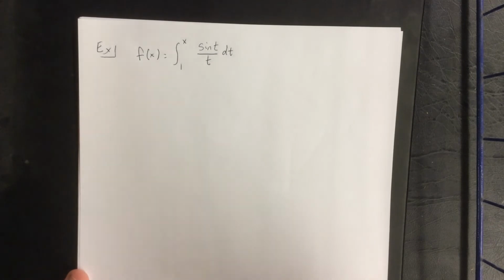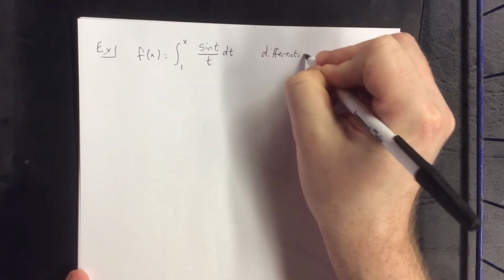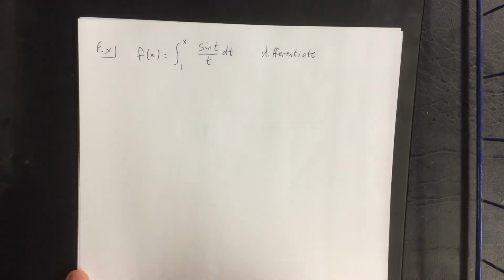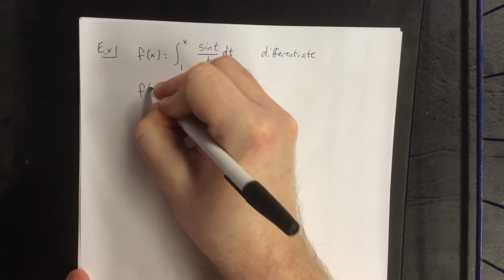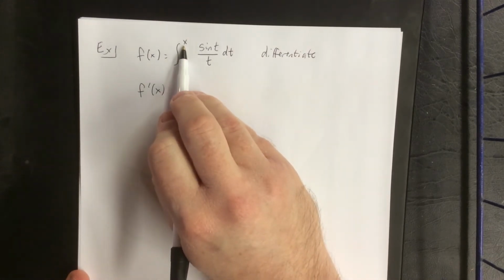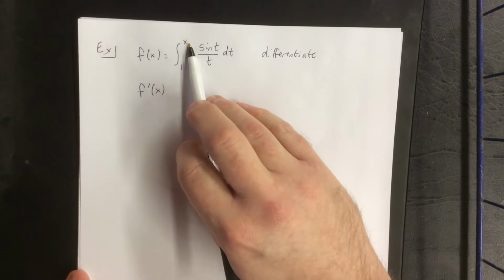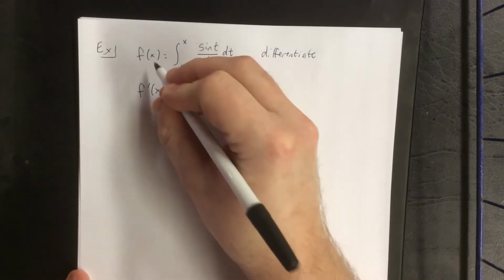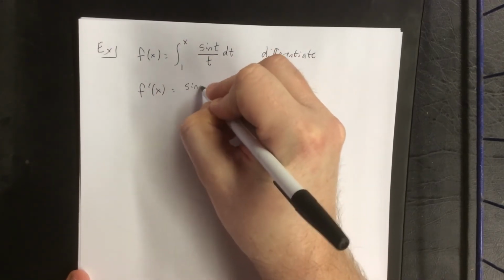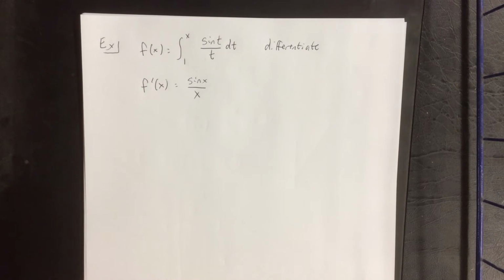If I wanted to differentiate this function, it would simply be a matter of replace all of the t's in this function with the x that you see up here. As long as the lower bound is a constant and the upper bound is just the independent variable, you're allowed to do this. We'll see some more examples in just a little while.